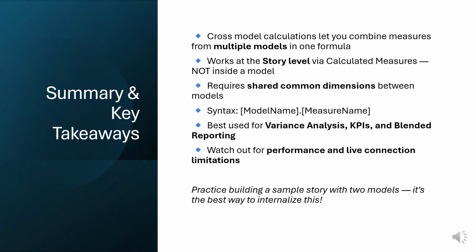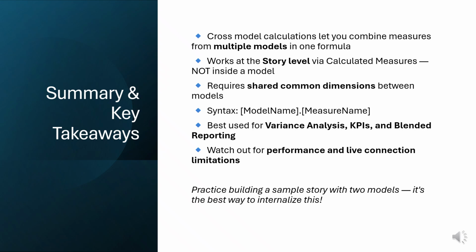Wrapping up here, because this concept is not too broad, but you should have an idea about it. That's why the video is short. Cross-model calculations in SAP SAC give you the power to combine data from multiple models inside a single formula, enabling powerful variance analysis, blended KPIs, and consolidated reports.